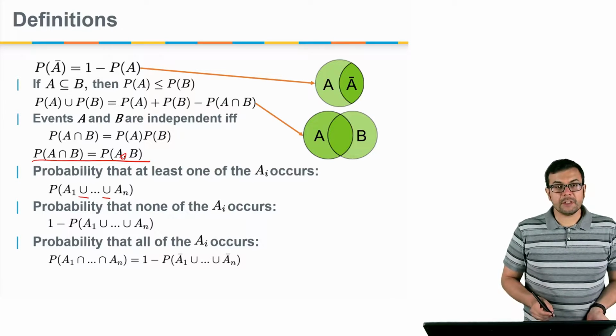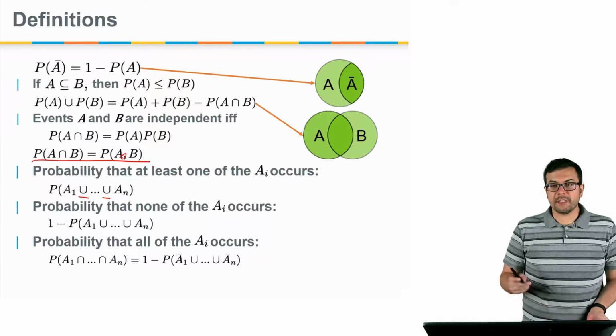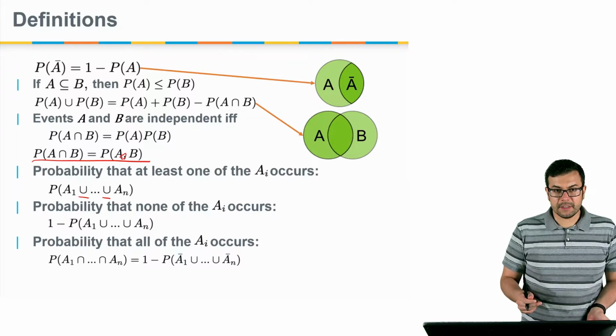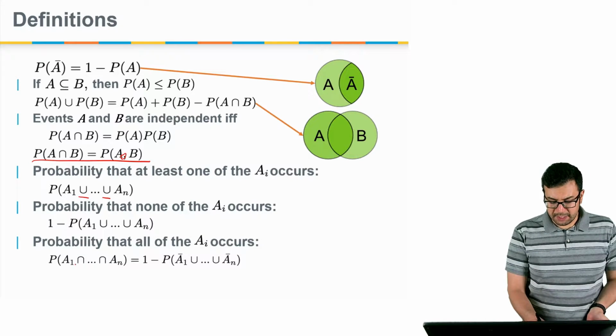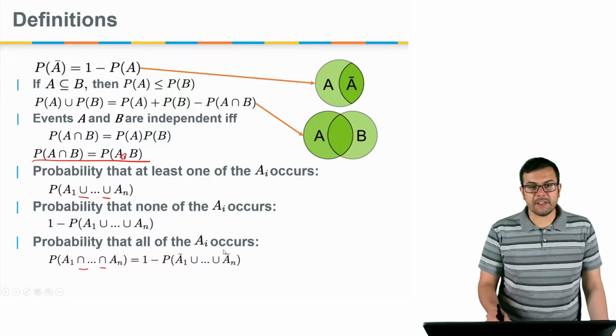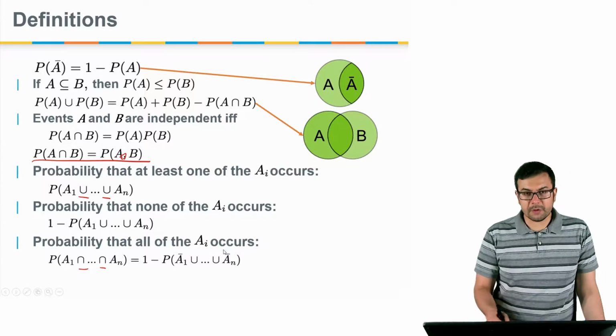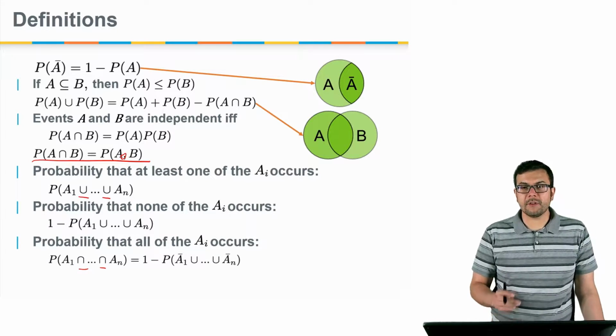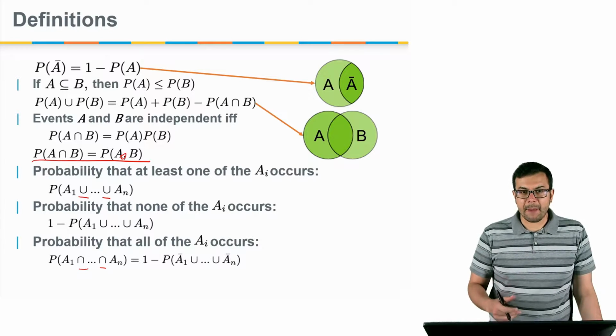If we want to calculate the probability that all of the events happen, we have to calculate the intersection of those events. Note that by all of the events occurring, we mean that all of those events occur at the same time, which is equivalent to 1 minus the probability that at least one of those events does not happen.